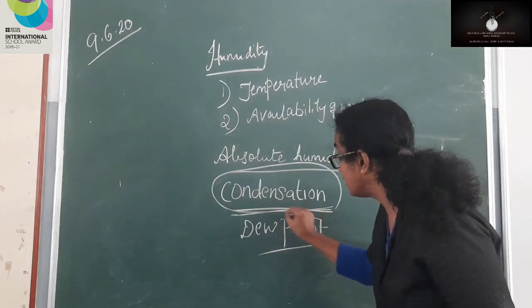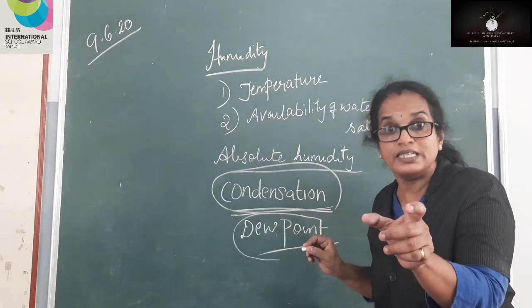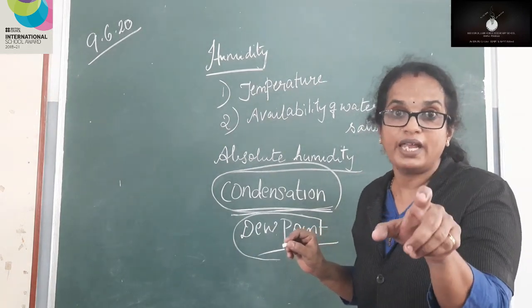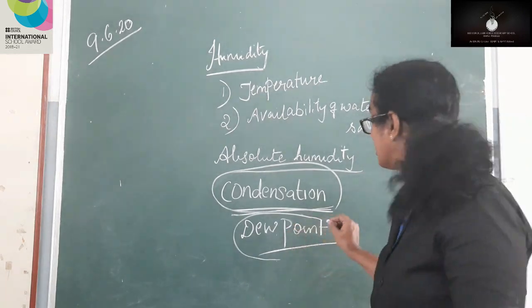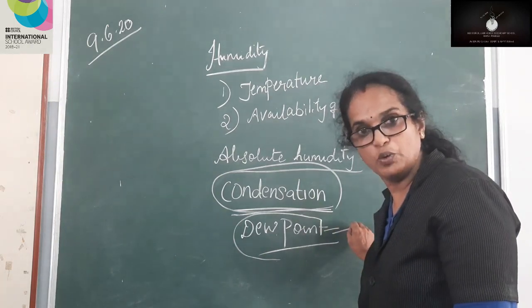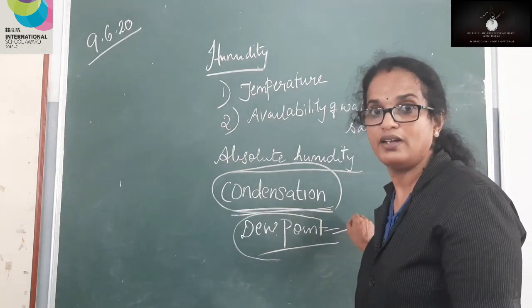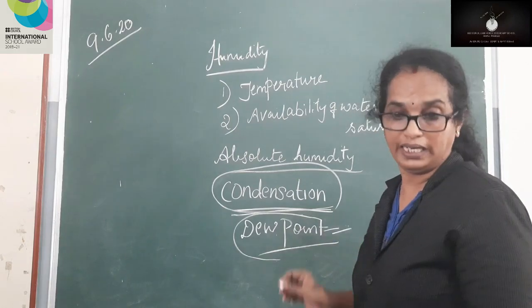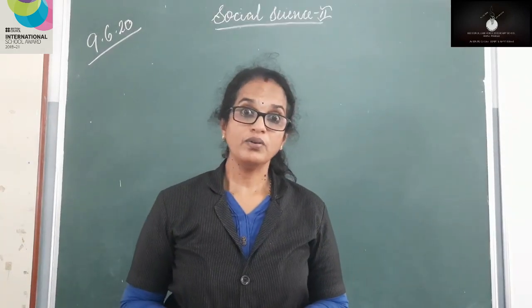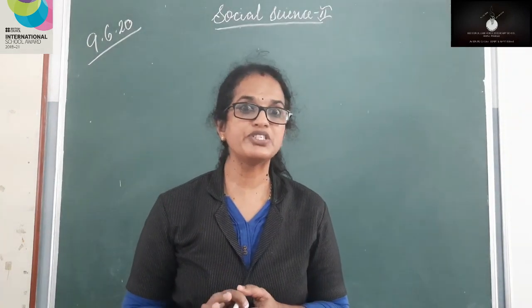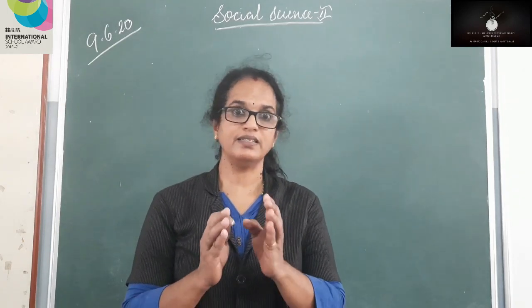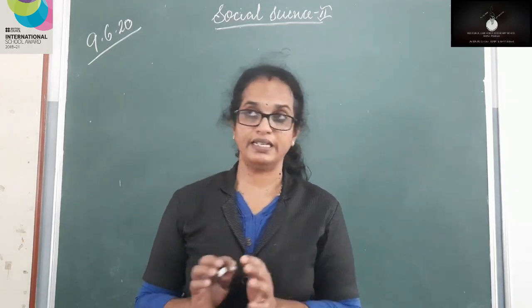Same way, what is this dew point? The critical temperature where condensation begins is called the dew point. Is that clear, my dear children? Hopefully it should be clear. Now I hope absolute humidity, dew point, everything is clear.